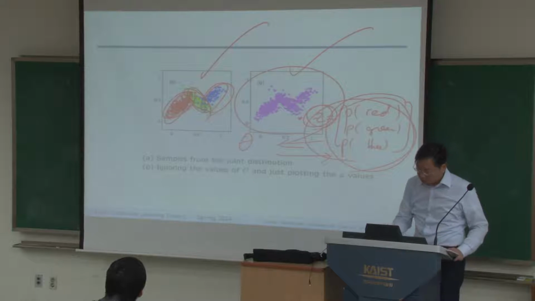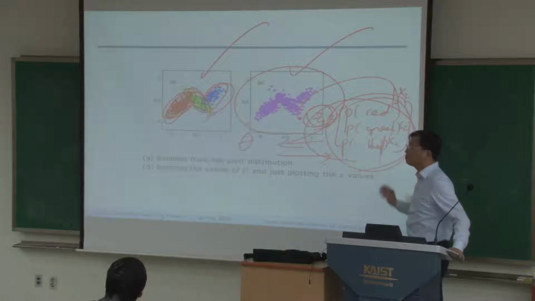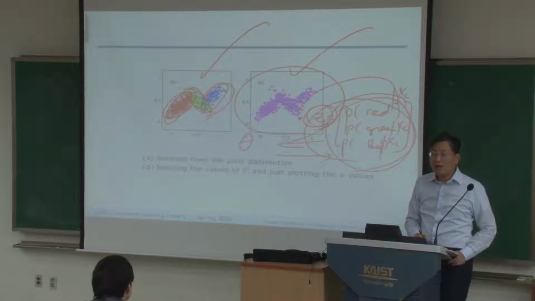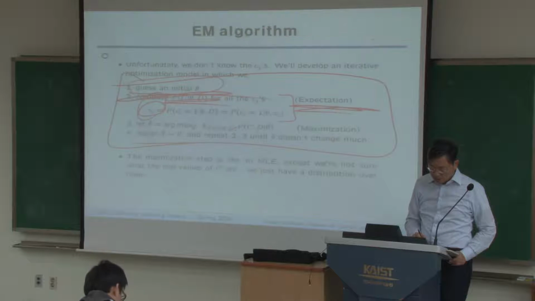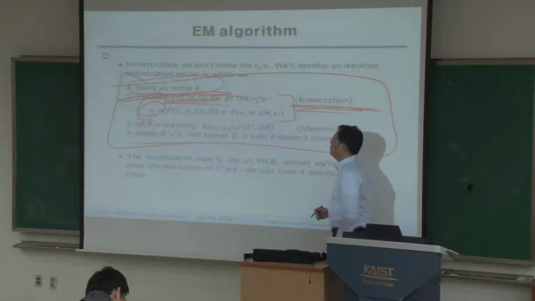And I should also be more exact, I should say this as x out here. That is the expectation step. What's the expectation of the latent variable?